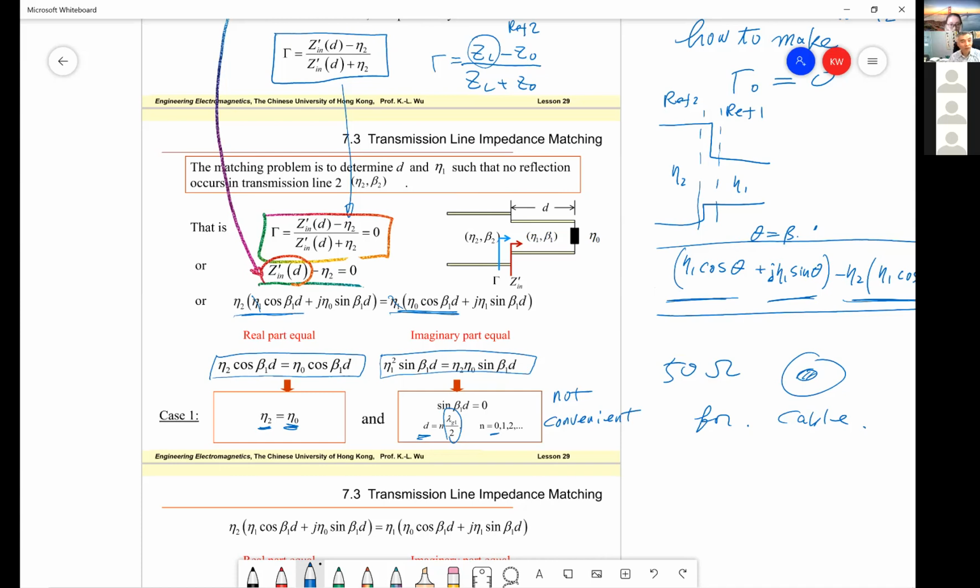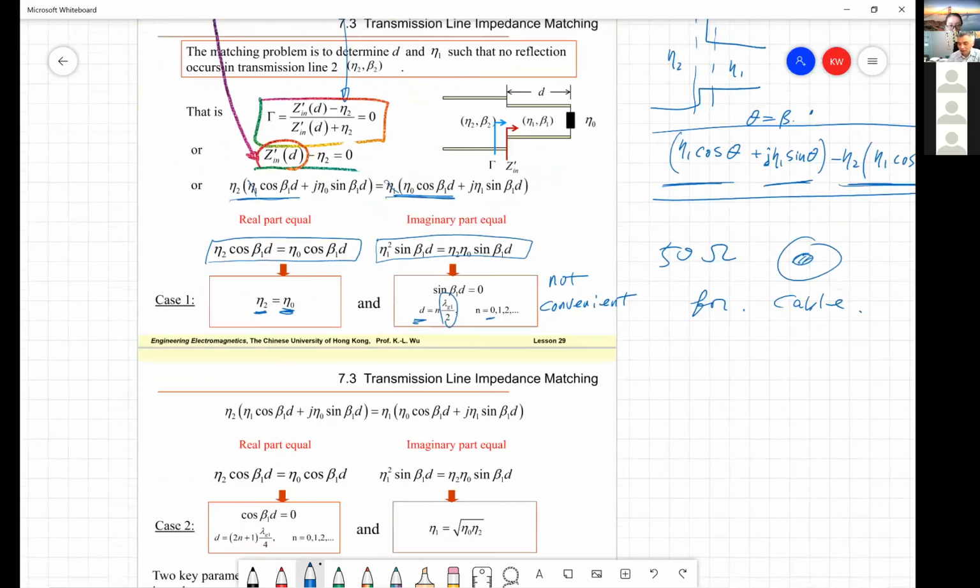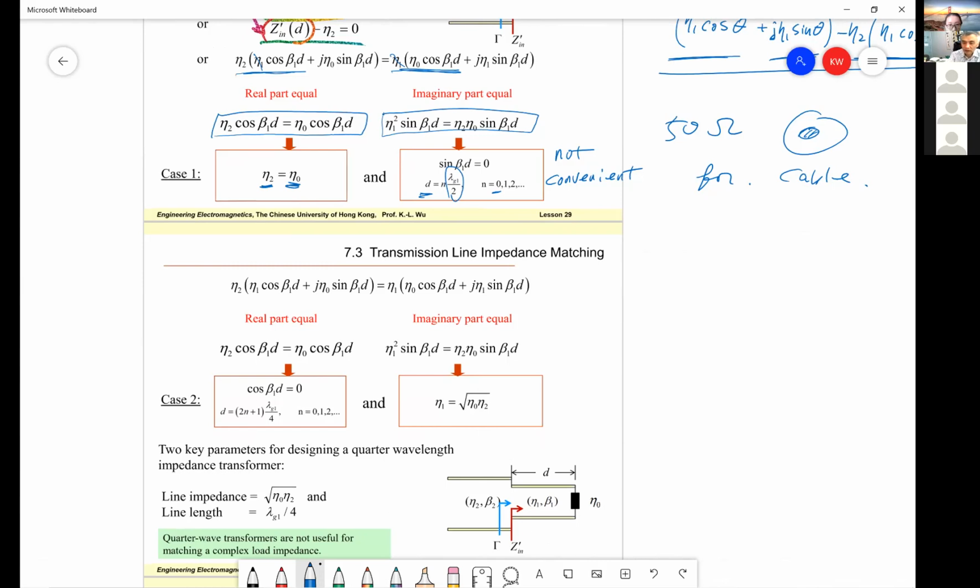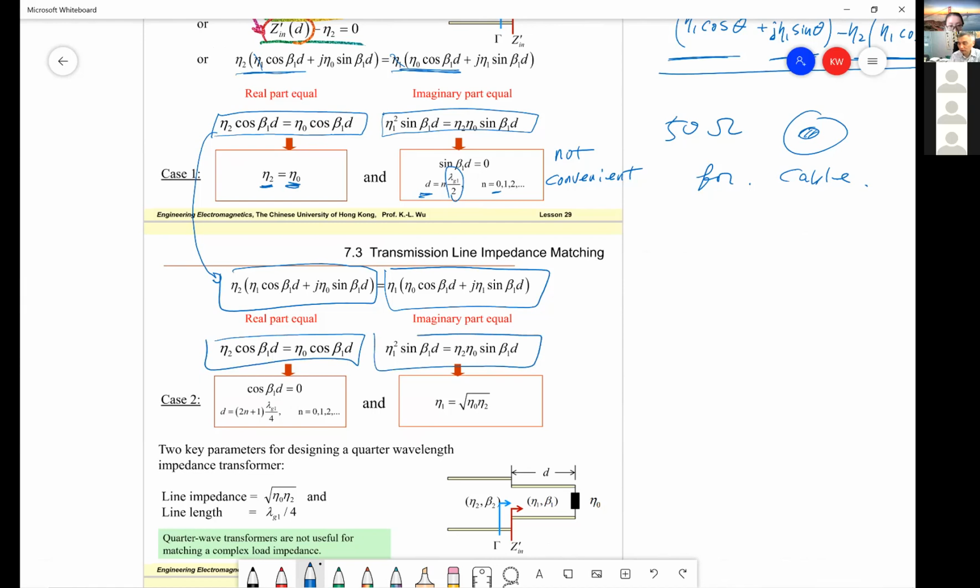Now let's look at the second case. I copy this condition back here. It's the same condition, the same equation I need to satisfy, but I have another choice: I let this term equal to 0. If cosine beta 1 d equals 0, this equation is also satisfied.